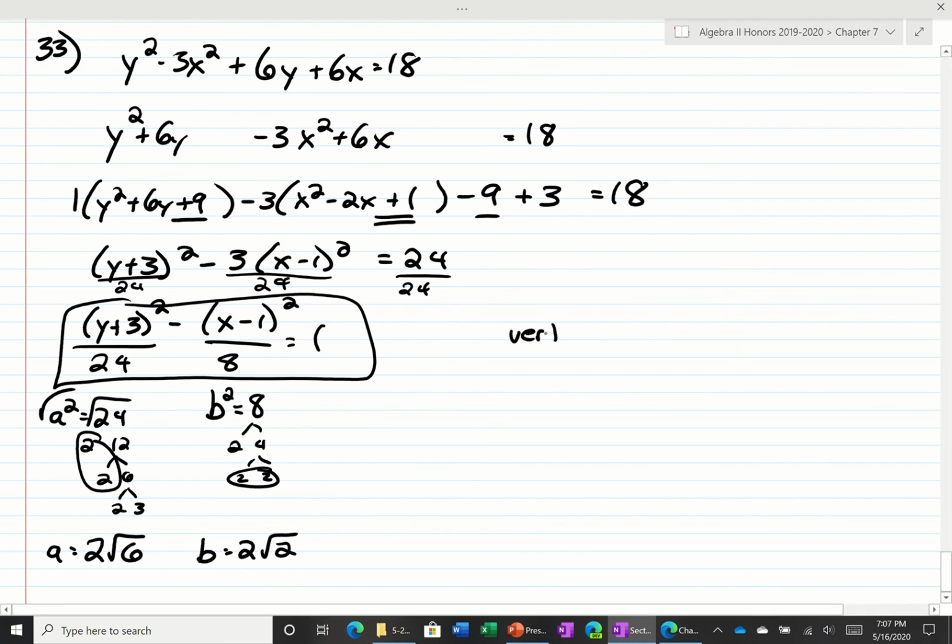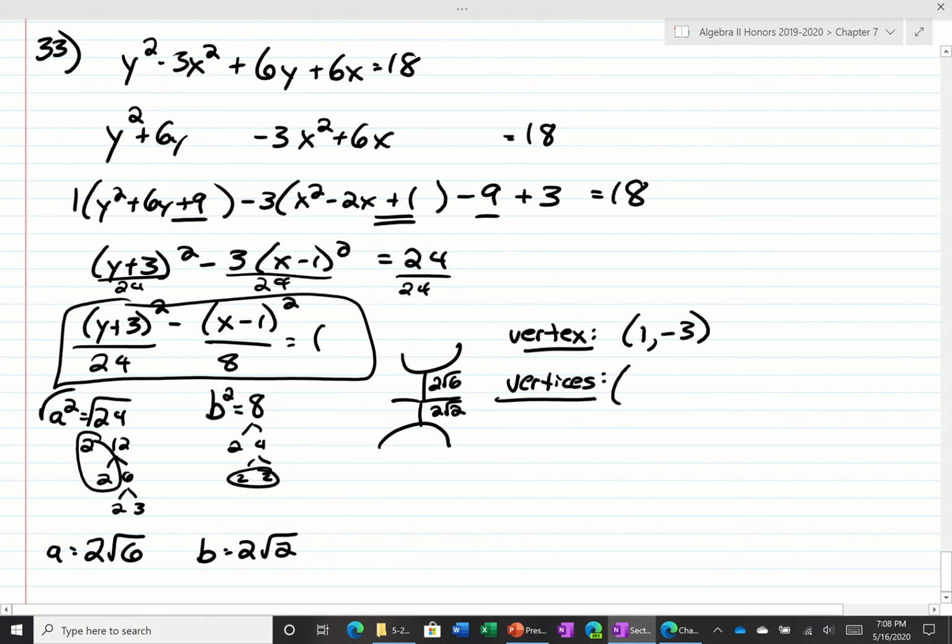So our center is going to be 1, negative 3. Remember, the h is always the one with the x. The y comes first, so this is a vertical hyperbola. So a is 2 root 6 up, b is 2 root 2 out. So the vertices, we're going to start with the center, but because we're going up, it's going to be plus or minus 2 root 6 to the y value.